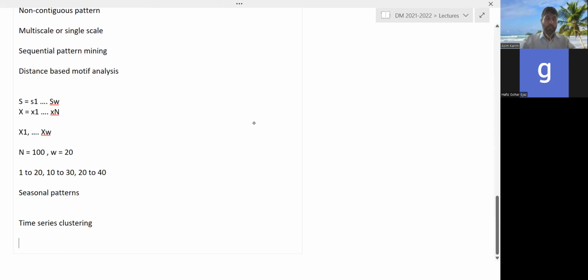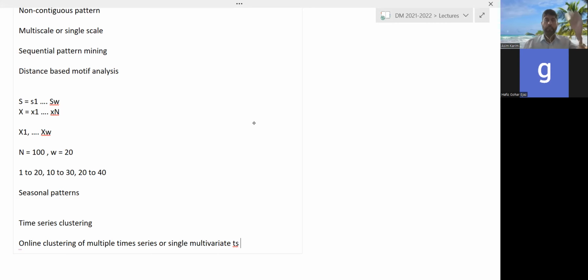So one is online clustering of, you can say, multiple time series, or a single multivariate time series.